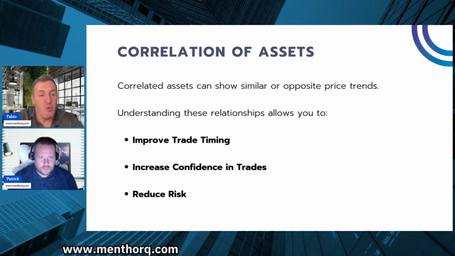The same happens with stocks. If we see a stock like Nvidia popping up on a day, that has an effect on the S&P 500, on the Nasdaq, on other correlated assets, and maybe on suppliers or competitors of Nvidia. That correlation will help you better time the market and get information.